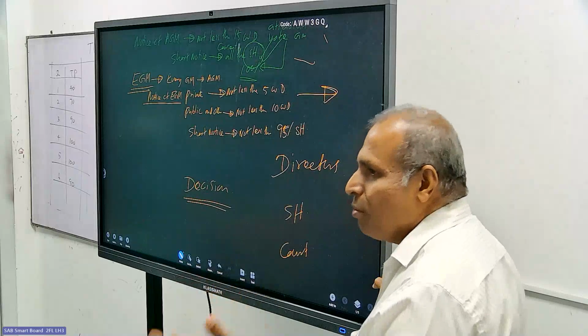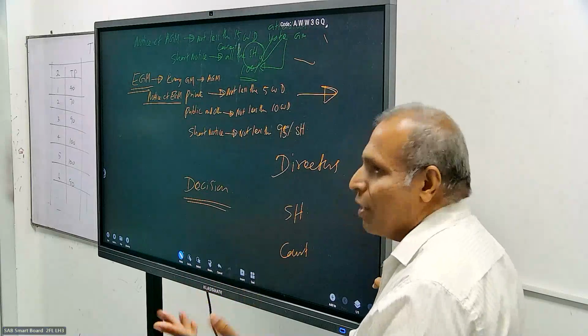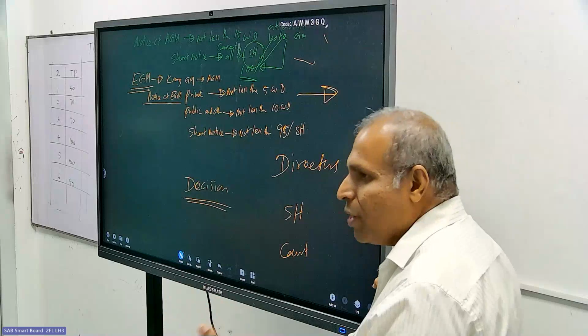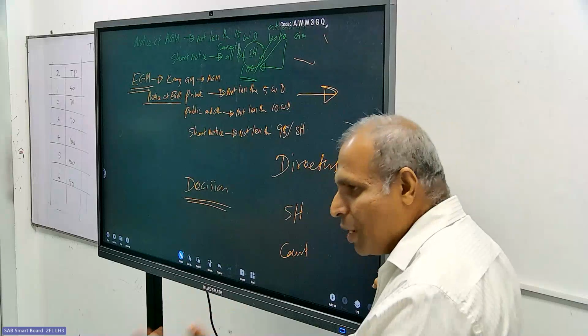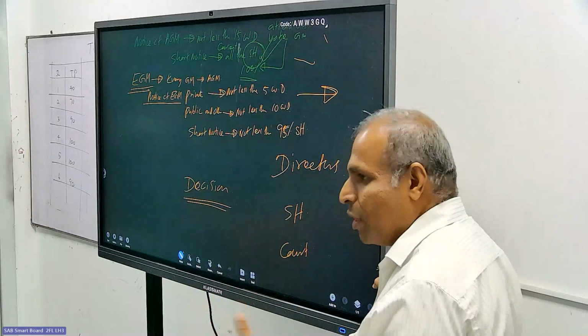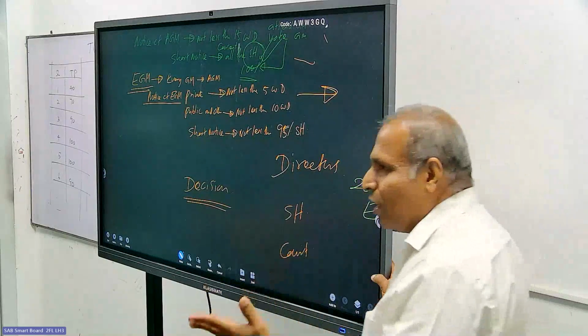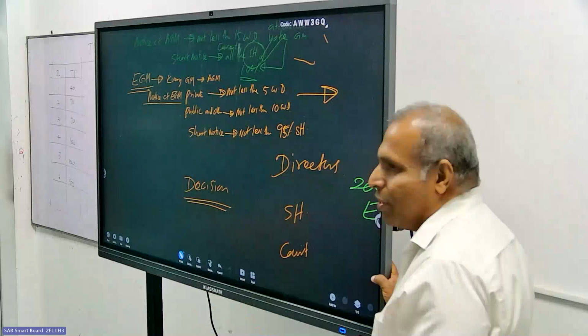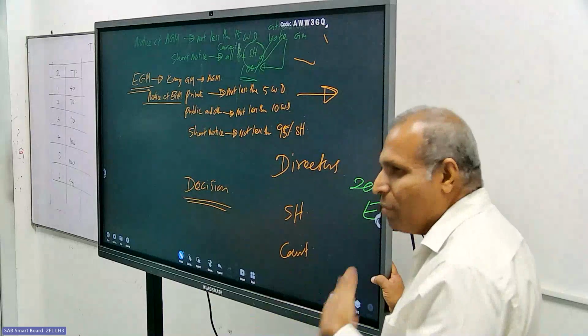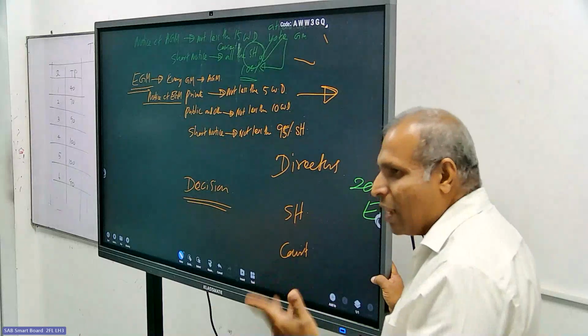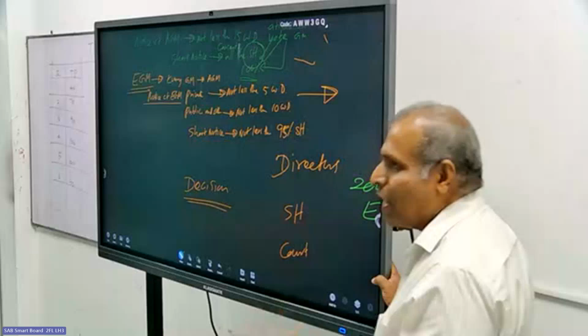So, in order to make that decision, a shareholders meeting has to be called, because the power is given to shareholders to remove a director by passing an ordinary resolution. I told you, a director can be removed. Very simple.